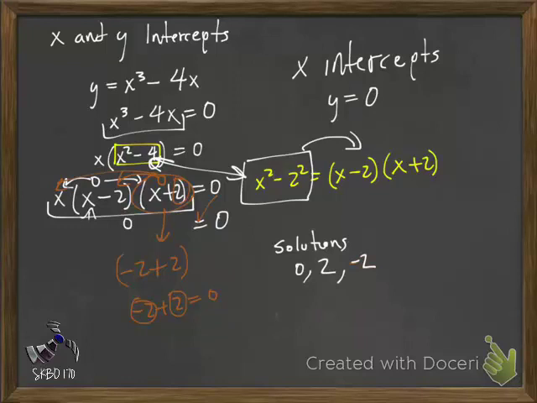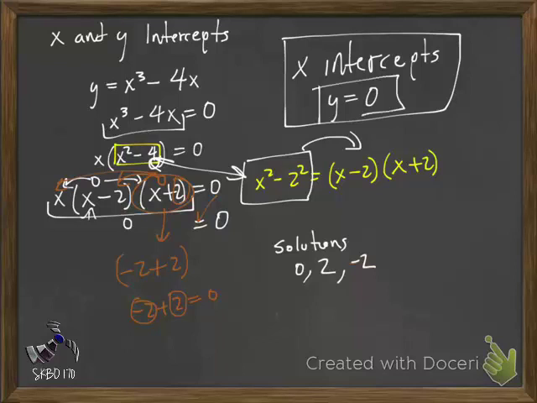Now, as I told you at the beginning of the video, for the x-intercepts you have to set y equals 0. But if you want to know the y-intercepts, you need to establish x equals 0.